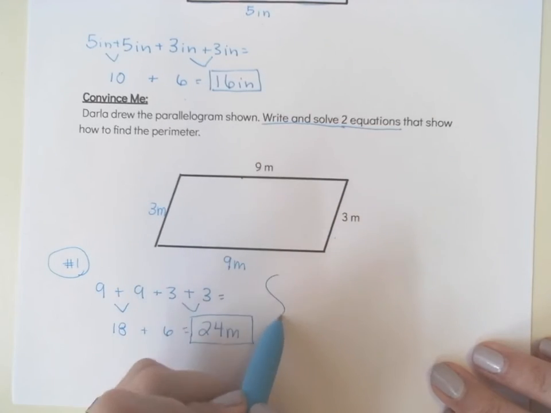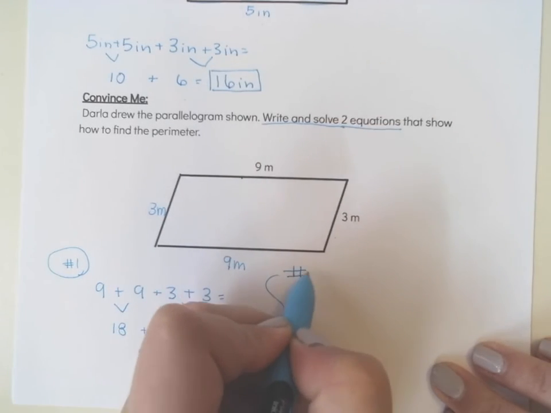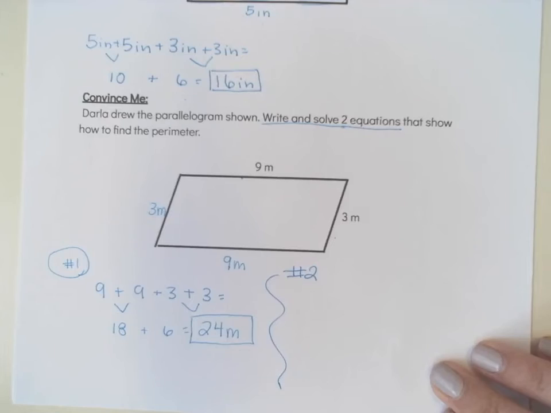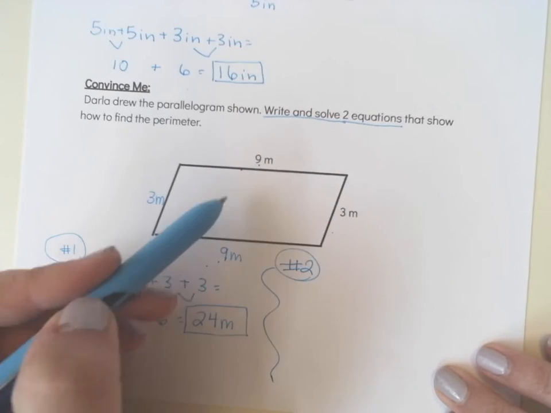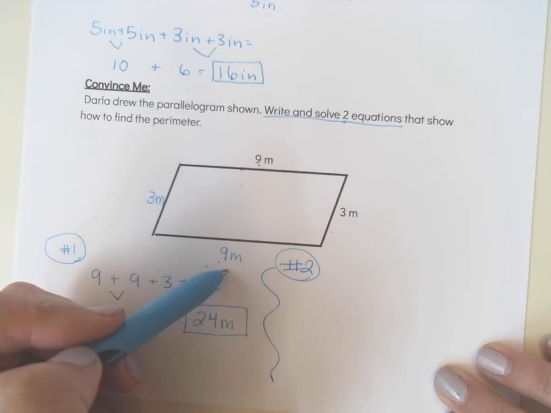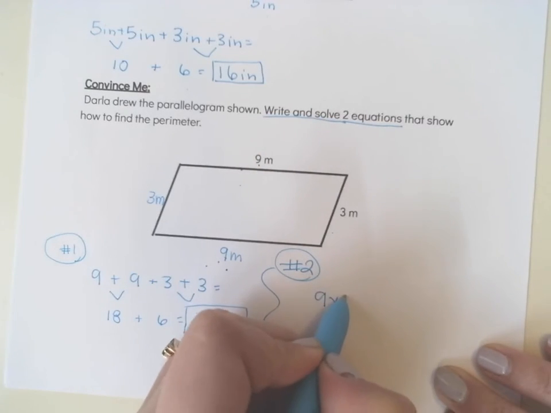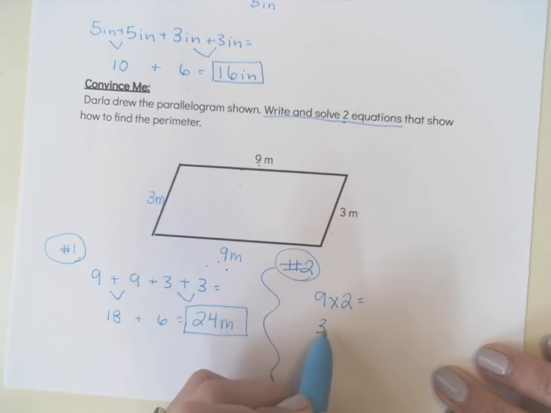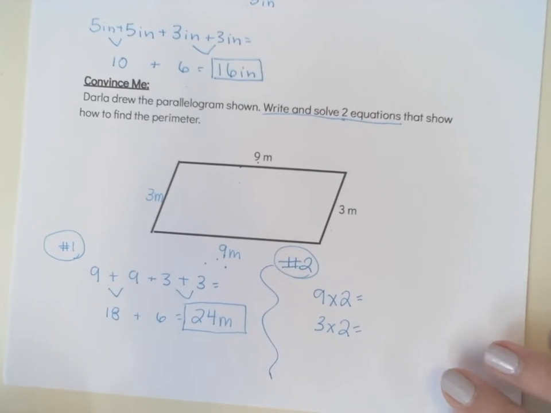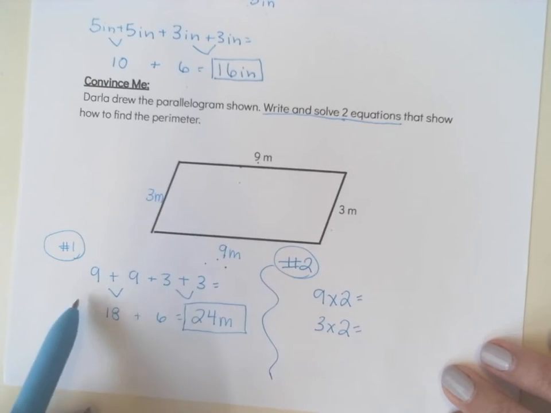Now, if we were to try and solve a second equation, we could do something very similar to over here on the left. What we would do is write 9 times, how many 9s do we have? 2. So we could do 9 times 2, and then we could also do 3 times 2. So it's just a different way to express and write this same equation, right?